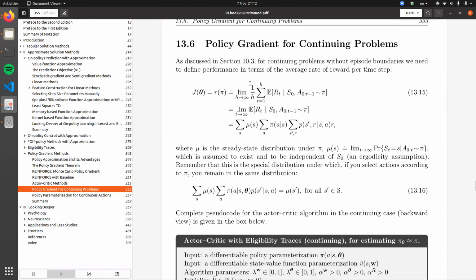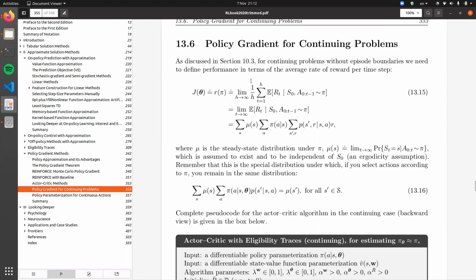But in continuing tasks, it is more useful to formulate the objective as an average reward rate when following some policy pi.